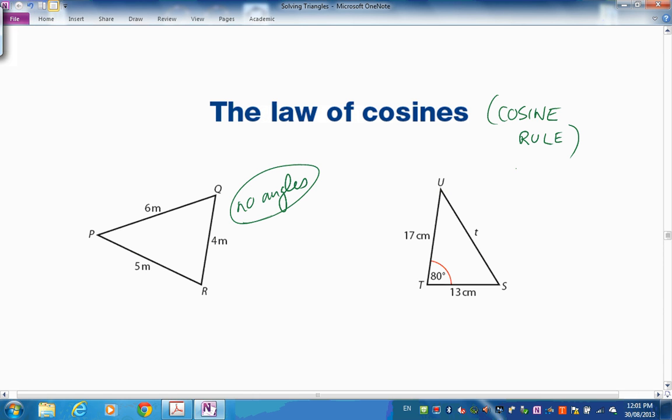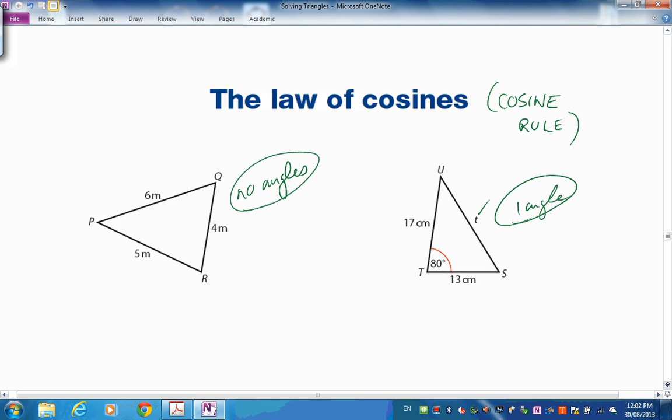No angles. And here there's only one angle. There's only one angle. Can you find this side without another angle? Is it possible to have another rule to accommodate situations like these? Can we solve these triangles? Find all the angles and all the sides.